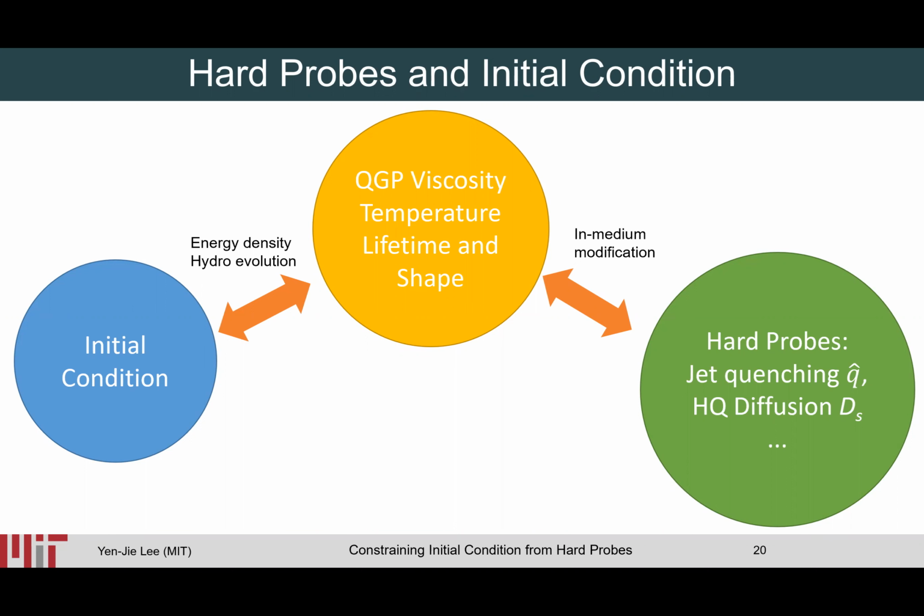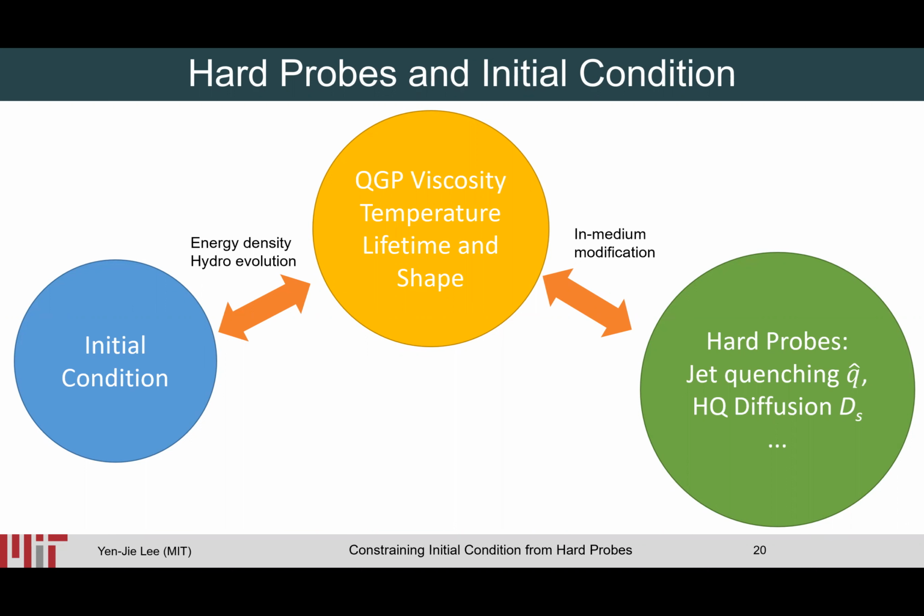And in the theoretical model, we are using the medium to calculate the expected jet quenching parameter q-hat and also the heavy quark diffusion, etc. So in some sense, they are connected to each other, but only indirectly.